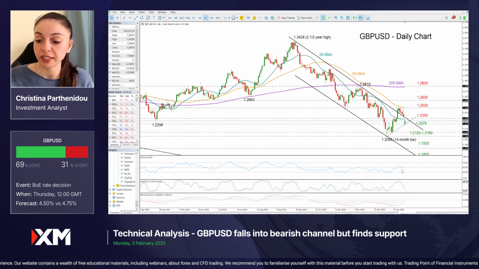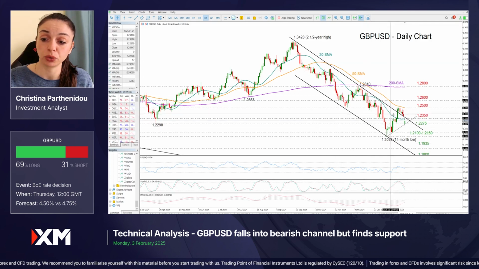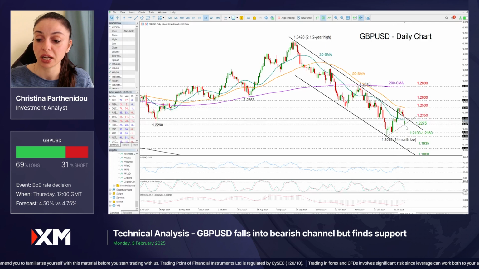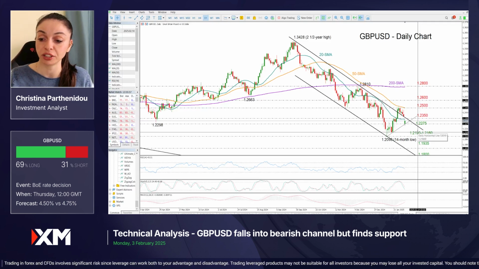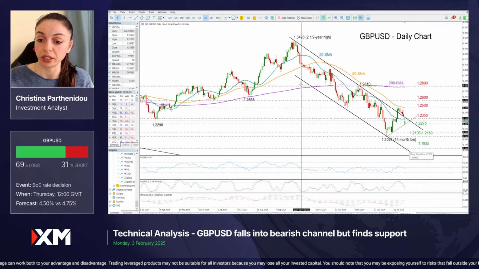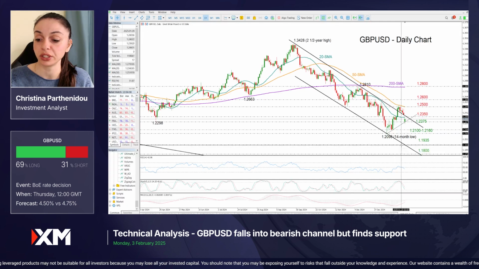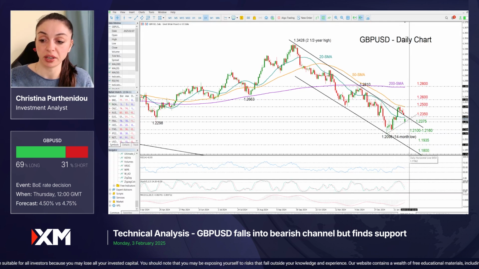So although the technical indicators are sloping downwards and the price has pulled back into this bearish channel, there is still hope for a rebound as long as we hold above 1.2275. If that fails to hold, then perhaps we could see a continuation towards the 1.21 and 1.2160 territory, a break of which could take us down to 1.1935, where the lower band of this bearish channel is placed. And if the sell-off continues, then the 1.18 number could be the next target.